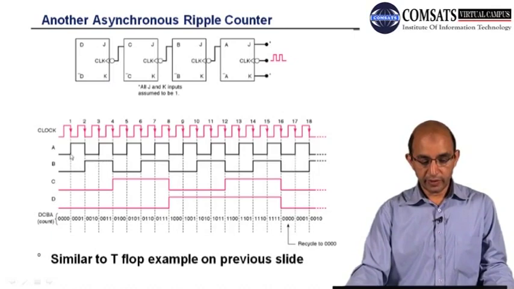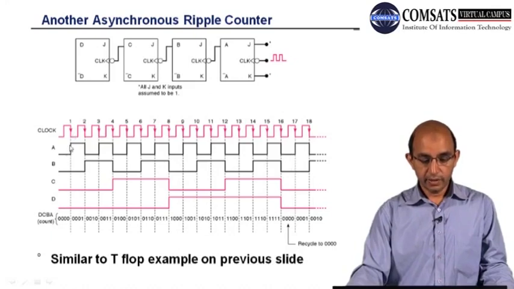So here we have A, that is the output of this JK flip-flop, and that is actually the clock for the next flip-flop, right? So for A, what will happen? JK is all the time 1, so we can see that there is a toggle.